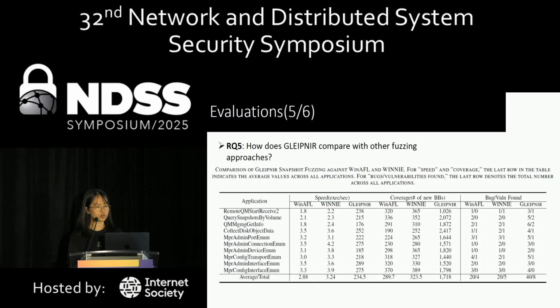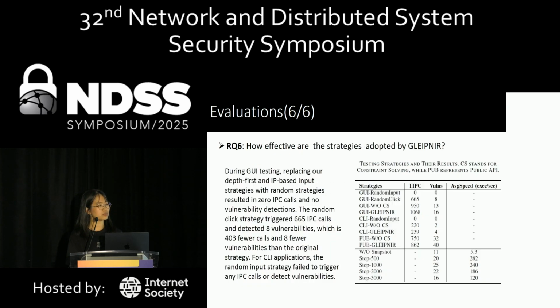You can refer to the paper for more details. And for question 6, during GUI testing, we compare our original depth-first and IPC-based improved strategies with a random strategy. The result shows that our strategies are far more effective in triggering IPC calls and detecting vulnerabilities.